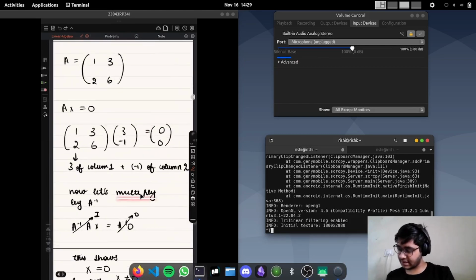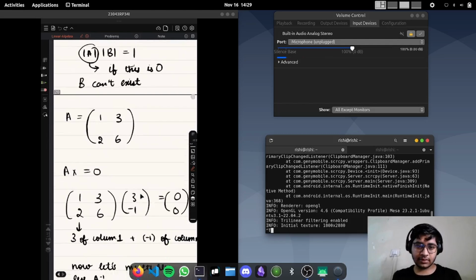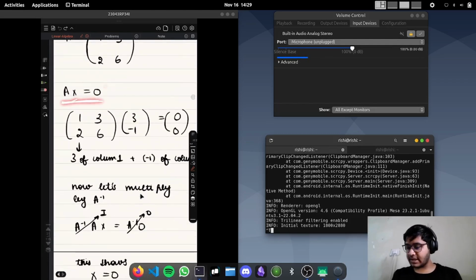Now let's multiply by A inverse. This is also a proof of this, but a better way. To make this matrix 0, we need to multiply it with some matrix X, which is 3 of this column and negative 1 of this column.